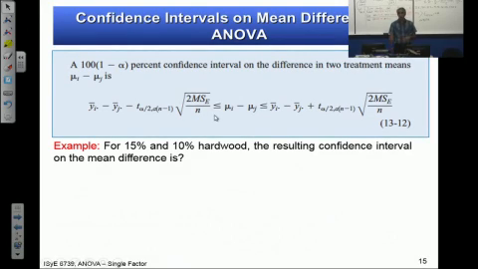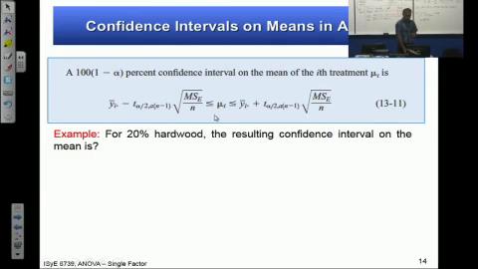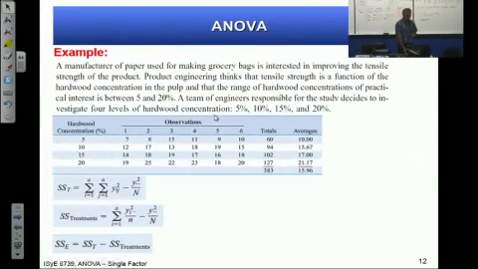So I'll give you a couple of minutes to work on that. Try to find the confidence interval for the difference in the mean of 15% and 10%. And here is the data that you need. Let me write down the equation.